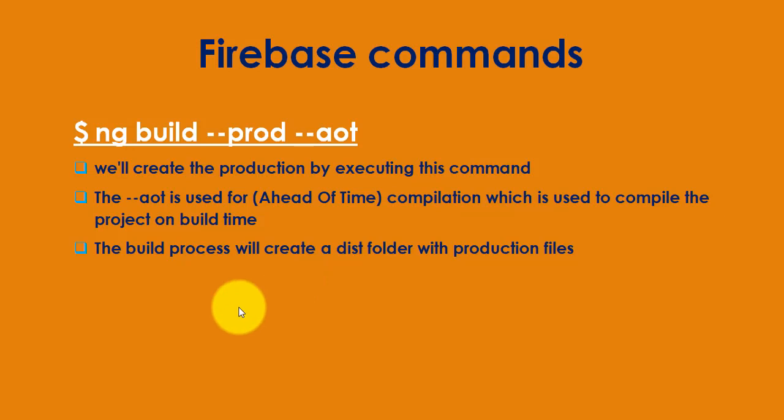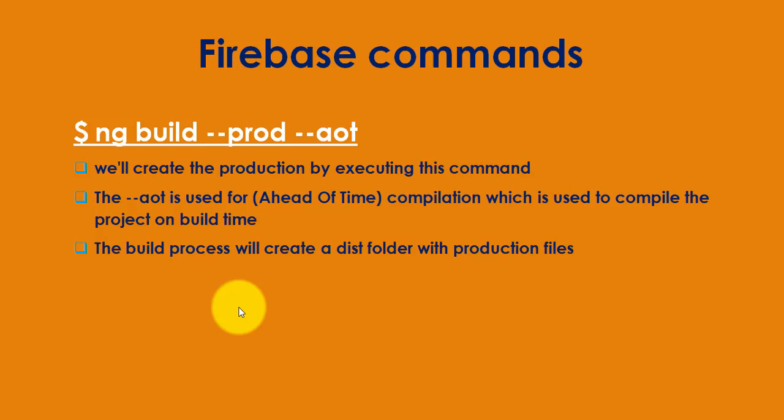Basically this command is required for production purposes, and it compiles your whole project at build time: ts files, all your html files, component html, component css, bootstrap, jquery, everything in the build process. After completion of the build process, it will create a folder named dist, and whatever the published files are, you will find them in the dist folder.